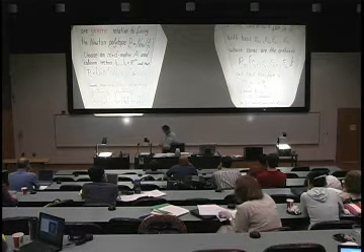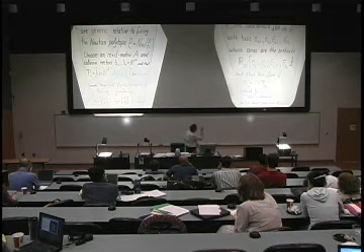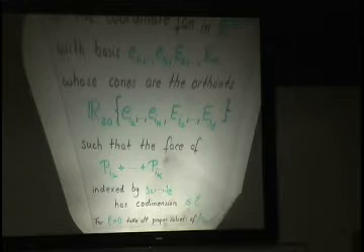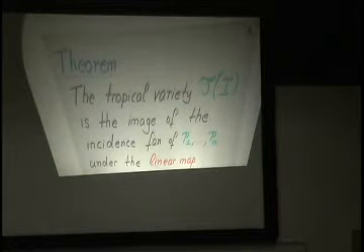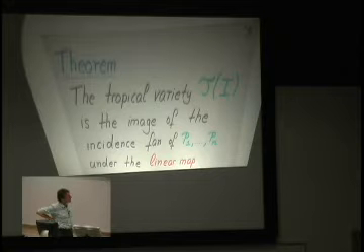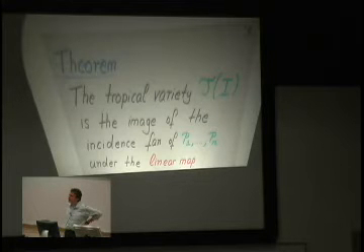Okay, here's the theorem. Maybe I'm going to take this slide away so you remember there is a fan, a purely combinatorial fan in n plus m space. And I'm going to use it. The theorem says that the tropical variety I seek, the tropical implicitization, is the image of this incidence fan under a linear map.